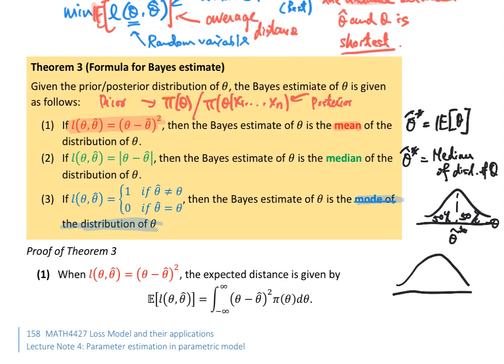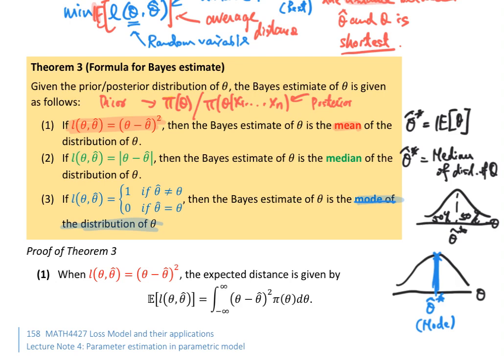So let's say this is the distribution of theta, then the mode will be the one such that your density function is maximized, which means it has the largest value. So this is the value of theta with the largest likelihood. And this theorem says that if you choose the 0-1 distance, then the Bayesian estimate, the best guess on the value of theta, will be the mode of it.